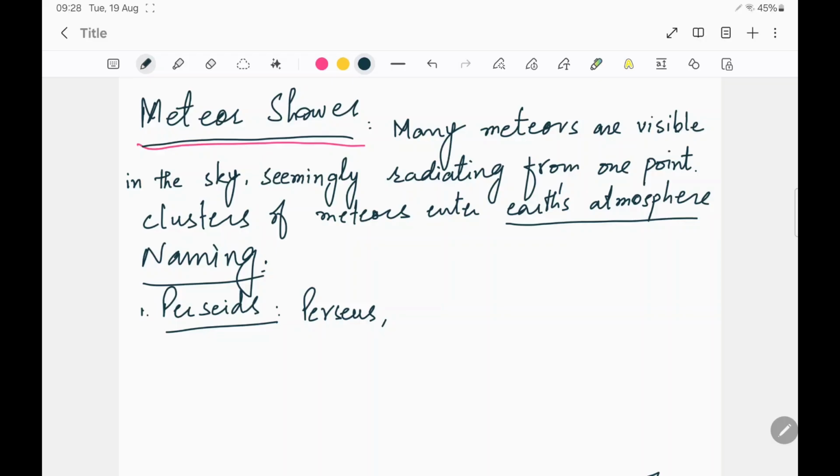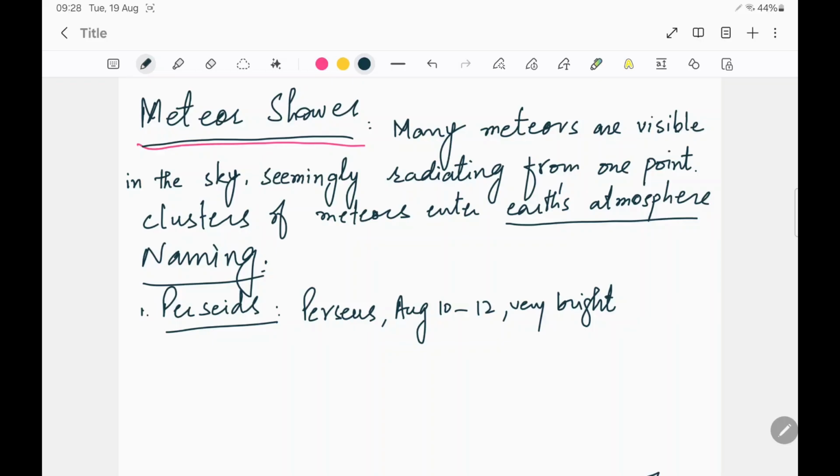And what dates in the year are they observed? They are normally observed on August 10 to 12 each year. And how do they appear? They appear very bright, and they are quite popular as they are a regular feature in terms of meteor shower every year.